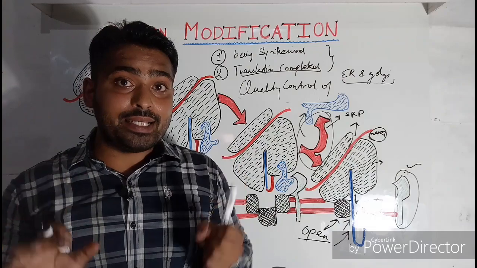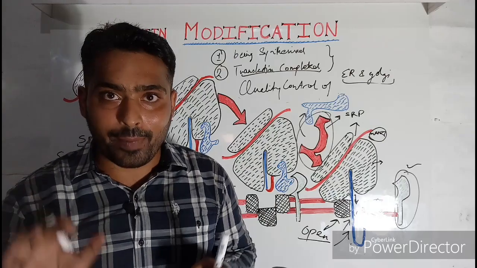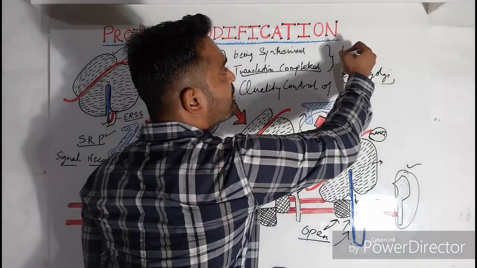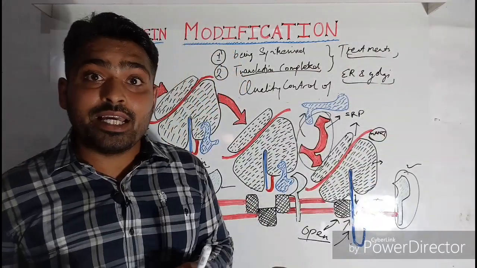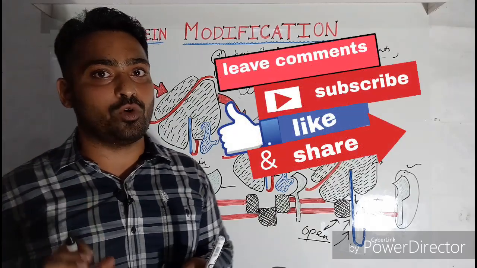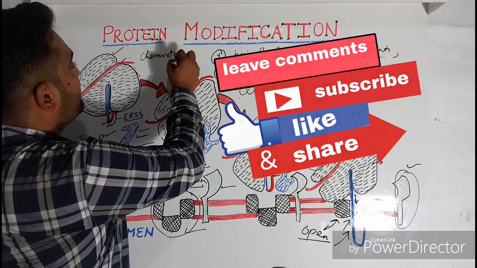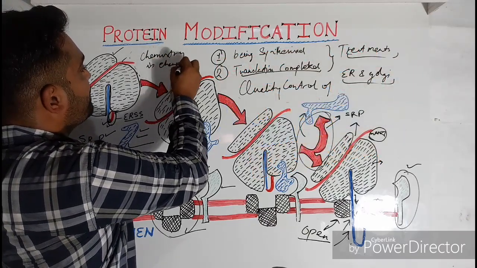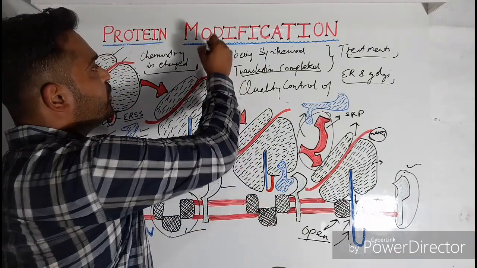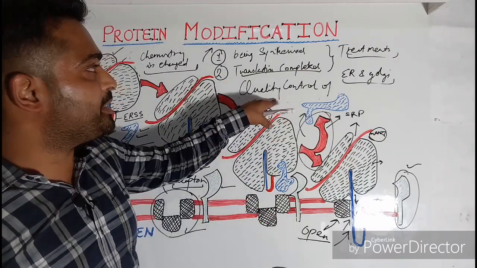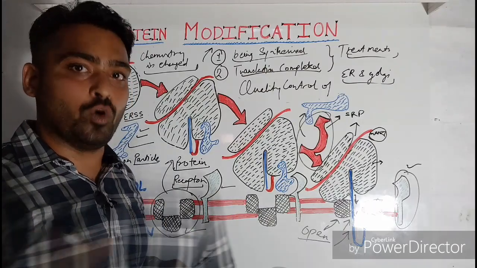Here we are mainly interested in checking the quality of the protein by giving it various treatments, which are the modifications or changes that change the chemical nature of the protein, or we can say the protein chemistry is changed. So we are mainly dealing here with the modifications of the protein, and this is happening when the protein is being synthesized and after it is synthesized, that is, fully formed.